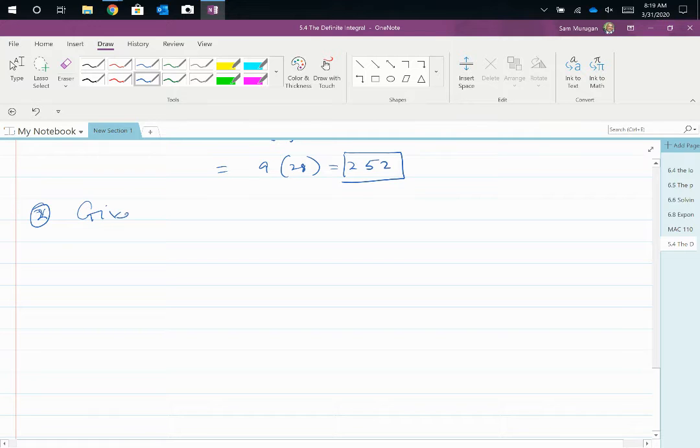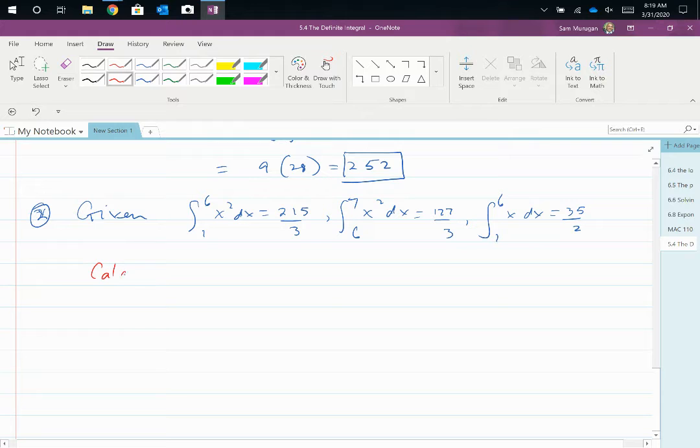Given the integral between 6 and 1 of x squared dx is equal to 215 over 3, between 7 and 6 x squared dx is equal to 127 over 3, and between 6 and 1 x dx is equal to 35 over 2.